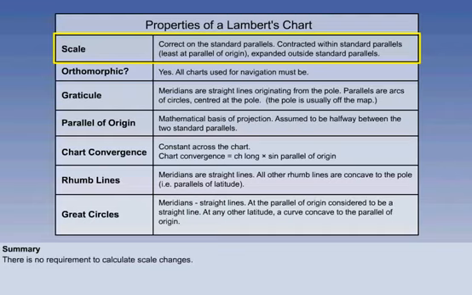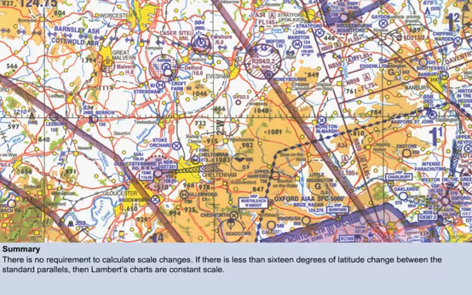So, let's summarize. We looked briefly at Lambert's scale, but there was no requirement to calculate how scale changes. If there is less than 16 degrees of latitude change between the standard parallels, then Lambert's charts are constant scale, such as on this topographical chart.